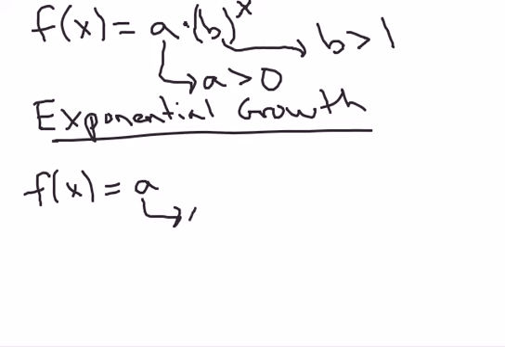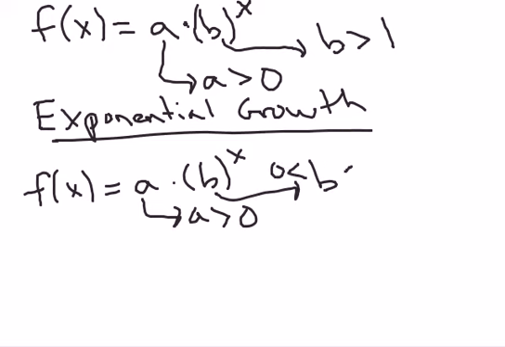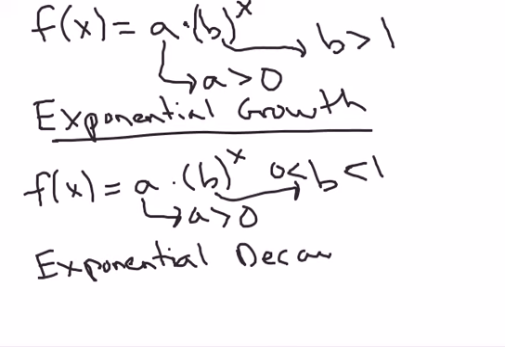So a is still greater than 0, and then you have b to the x, but b is actually between 0 and 1. So either a decimal between 0 and 1 or a proper fraction. So that's for exponential decay. So that is just a quick review of the definitions.